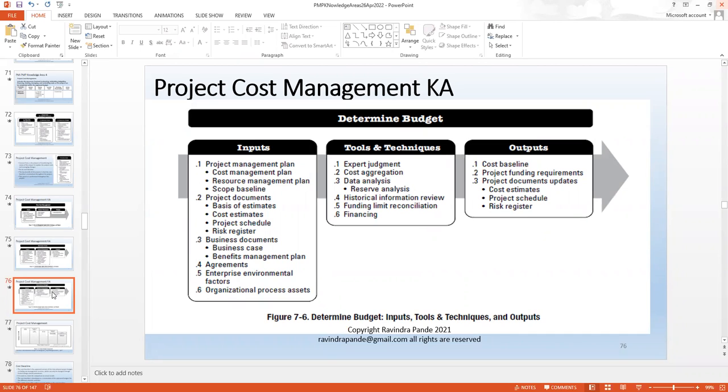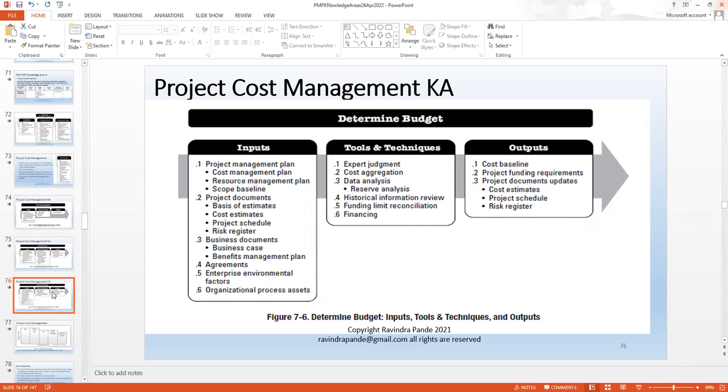For any startup, financing is also another option where we might go to various financers to ask for the money to keep this project continuing. Normally, in mature organizations, they won't start a project till they have the complete finance available with them. But in practicality, for startups, they have a little money and they want to go ahead with that. So what they normally do is keep financing throughout the project life cycle as well.